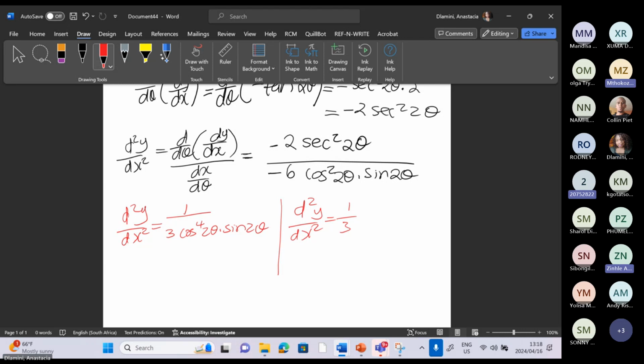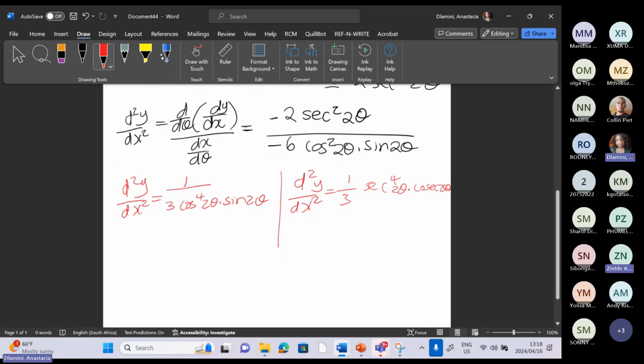Sec to the power of 4 2 theta multiplied by cosec 2 theta. You might be right, actually. These two are right. I'll tell you why. But I thought you said 1 over 3. No, ma'am.